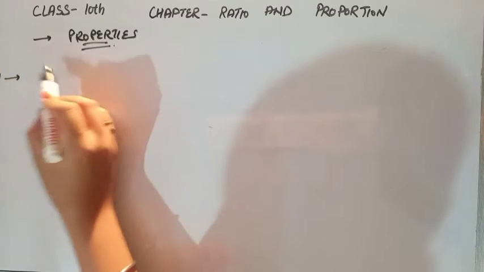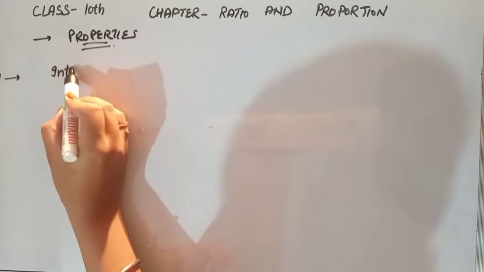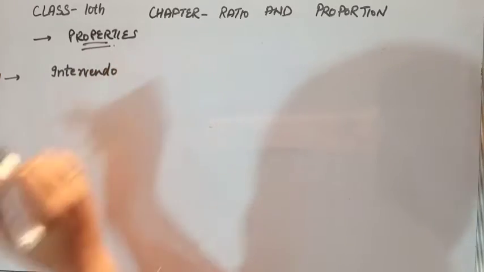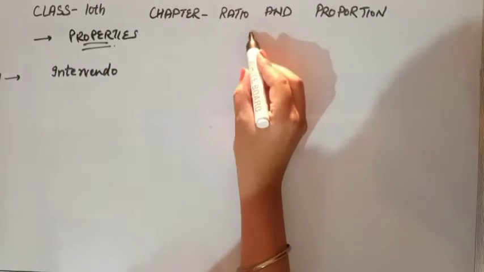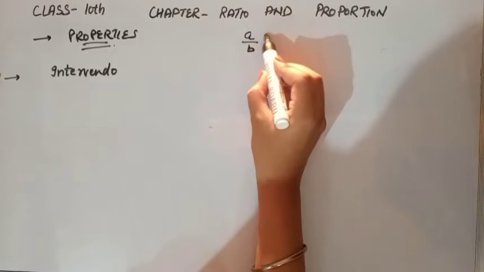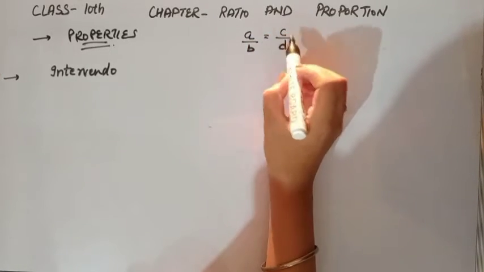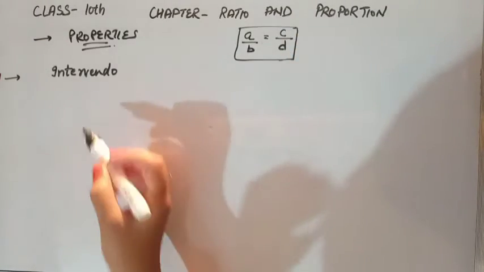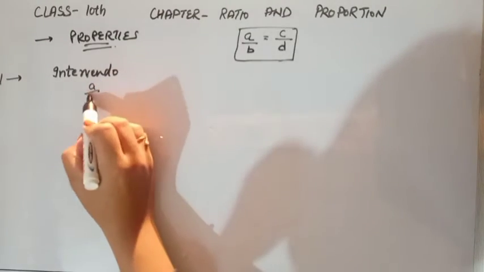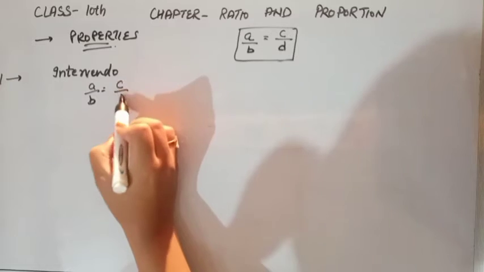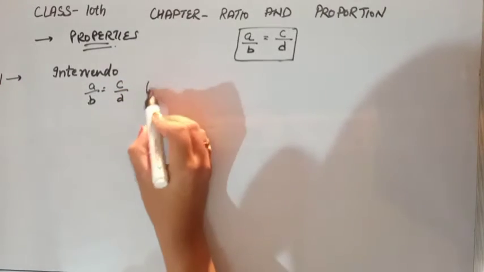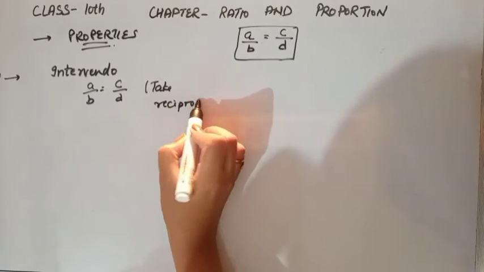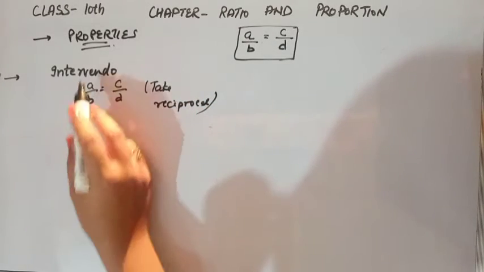So our first property is invertendo. For example, let us take the proposition A by B is equal to C by D. If we take the reciprocal, then what will happen?